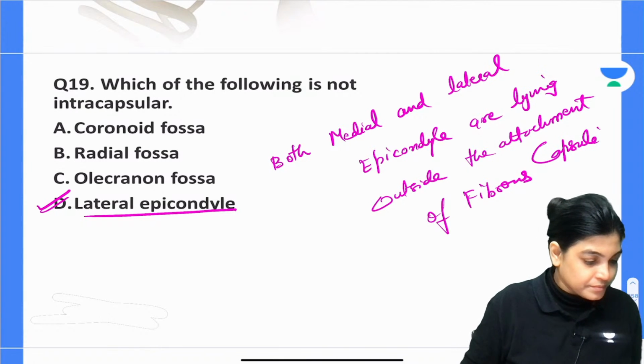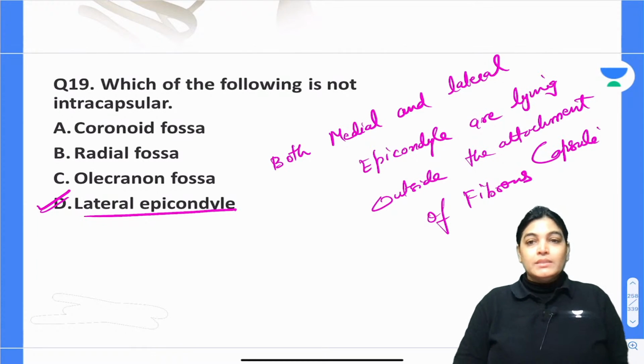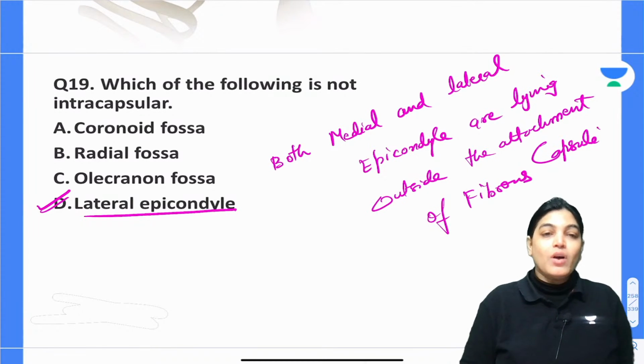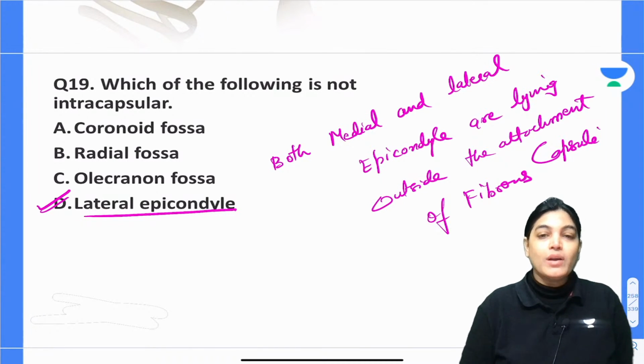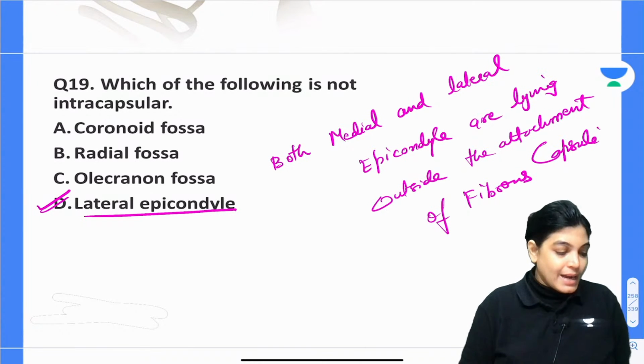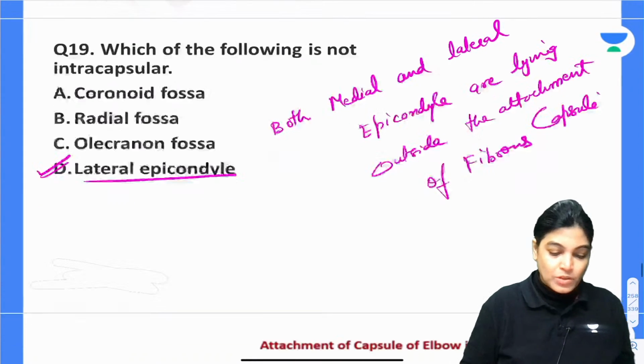Got it? So this is the region, it's not intracapsular. Coronoid fossa is intracapsular, radial fossa is intracapsular, olecranon fossa is intracapsular. Lateral and medial epicondyle lie outside the fibrous capsule attachment of the elbow joint.